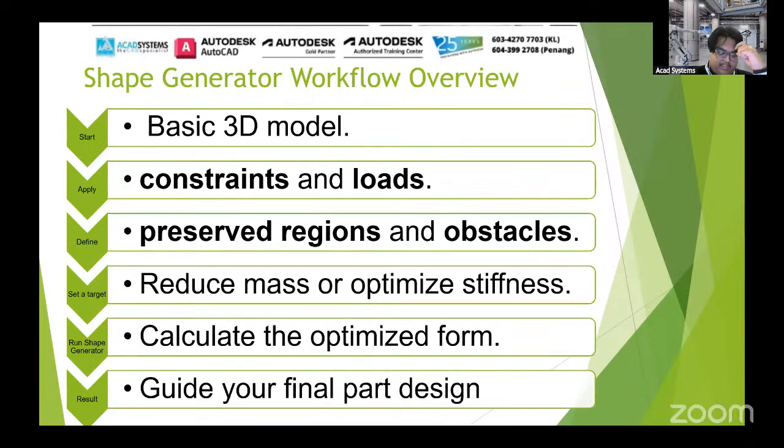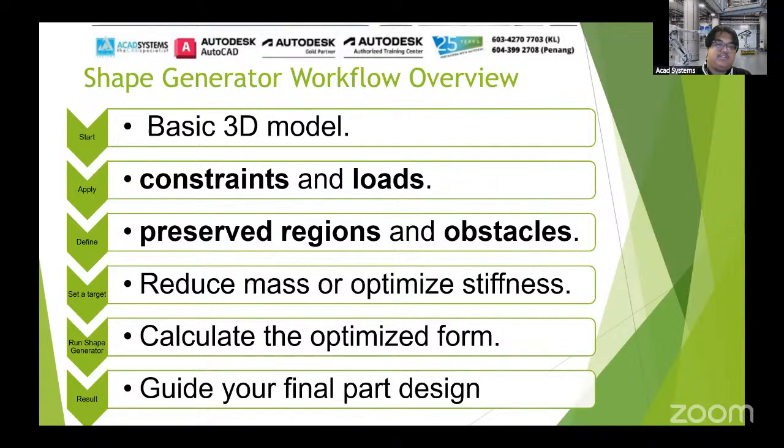So here is the general workflow overview when using shape generator. You start with the basic 3D model of the part you want to optimize. From there, you can apply constraints such as your screw holes or parts where you don't want it to move.